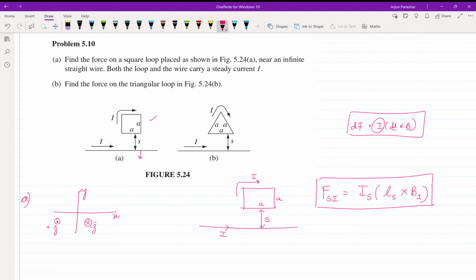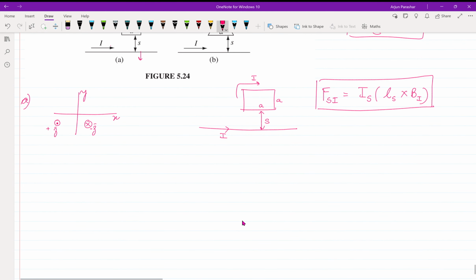Now first of all we need to calculate the magnetic field for the infinitely long wire, because we need that here. The magnetic field for an infinitely long wire, we very well know, is given by mu naught I upon 2 pi into the distance from the point we are calculating.